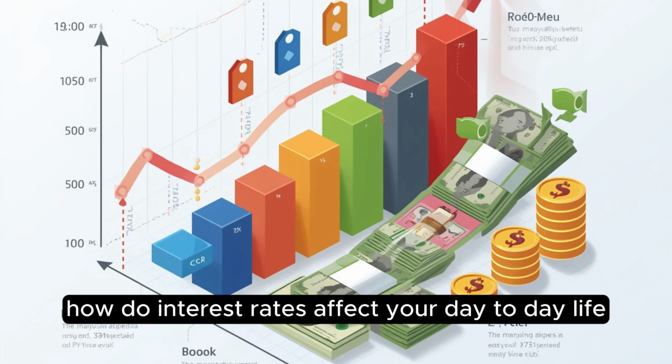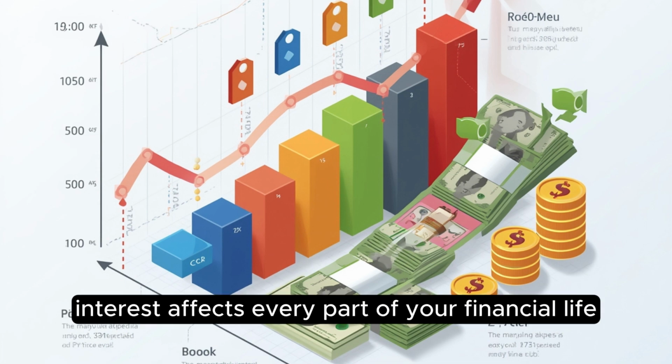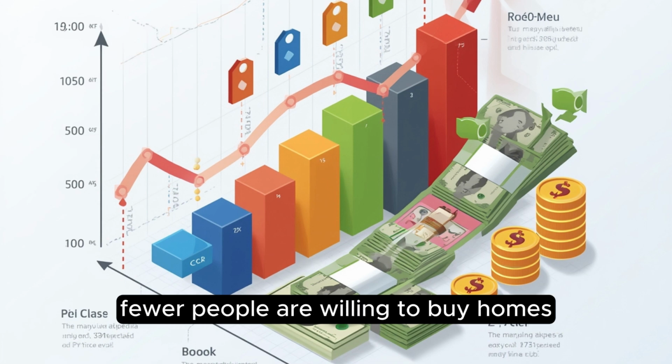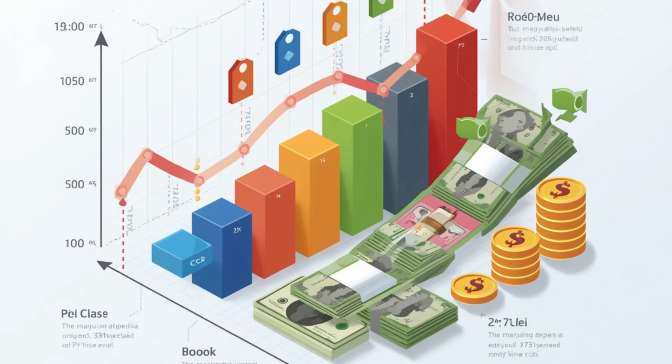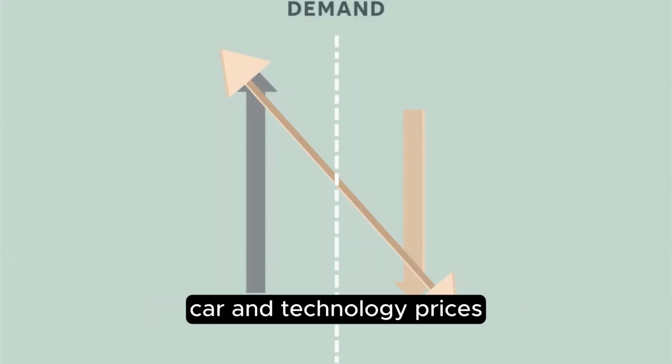How do interest rates affect your day-to-day life? Interest affects every part of your financial life. Rent. When interest rates are high, fewer people are willing to buy homes, so there's more demand for renting. This leads to higher rental prices. Car and technology prices.